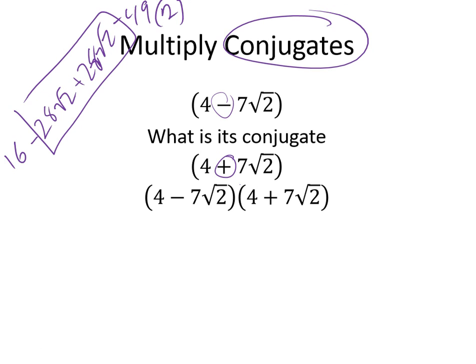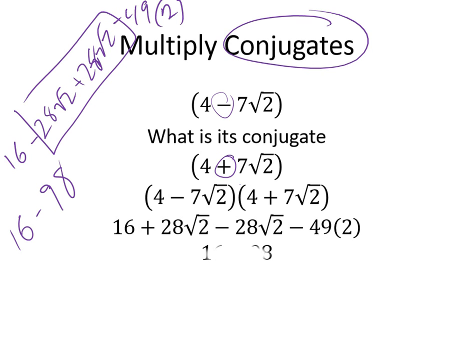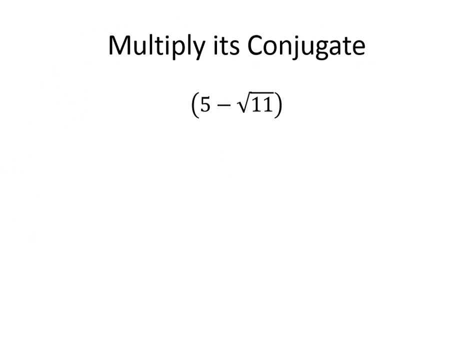Negative 28 root 2 plus 28 root 2 is 0. So all we're left with is 16 minus 98. 16 minus 98 gets us negative 82. And that's our answer. That's what the conjugate does, it gets rid of our radicals so we don't have them.